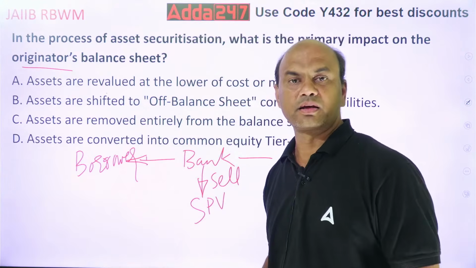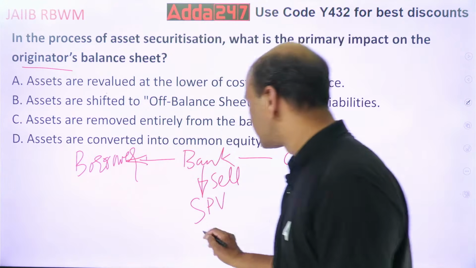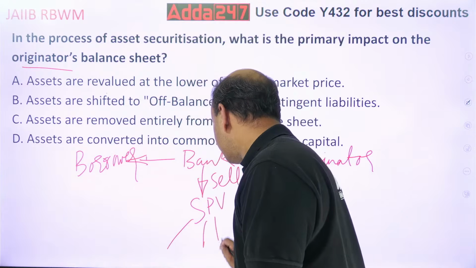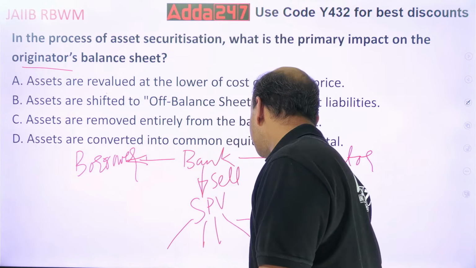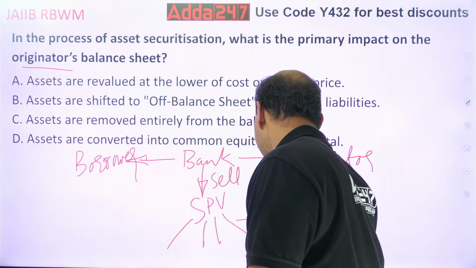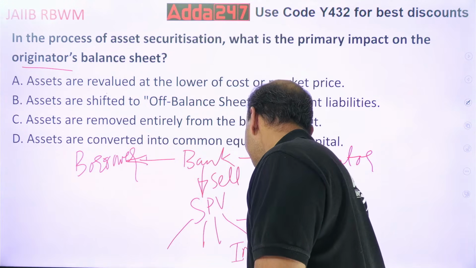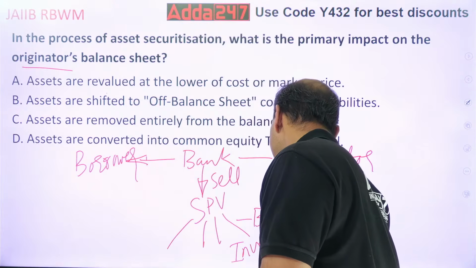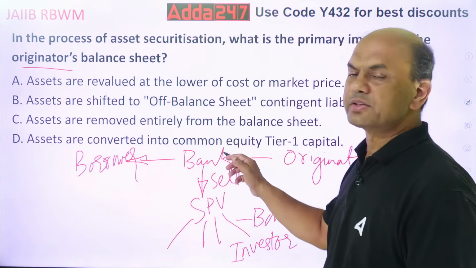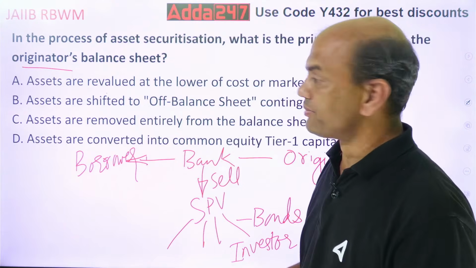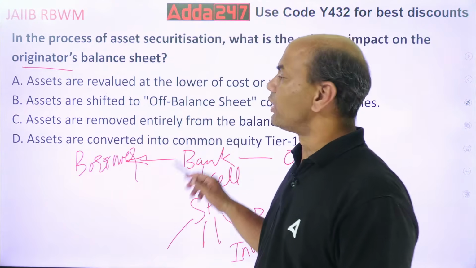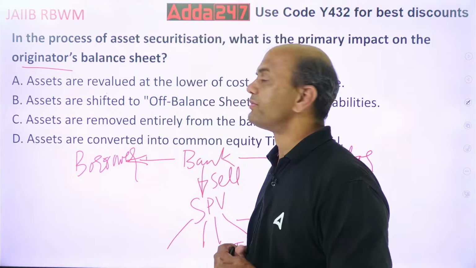SPV further sells it to investors, converts this to bonds and sells to investors. So this bank is called as the originator. So now, what happens to the bank's balance sheet?